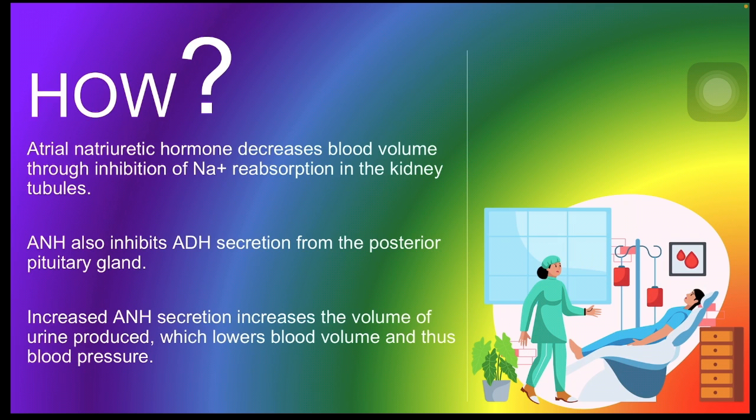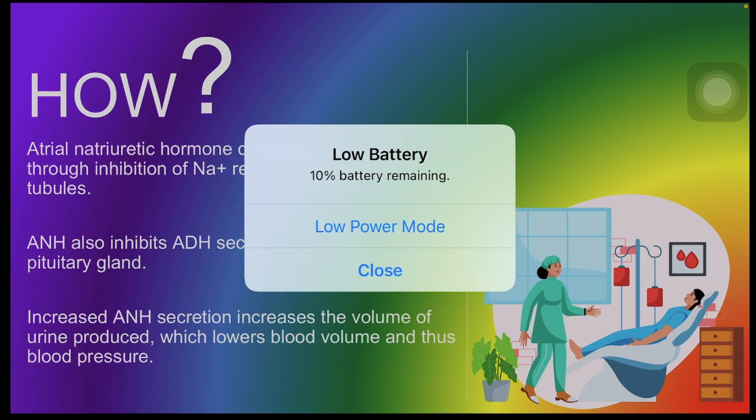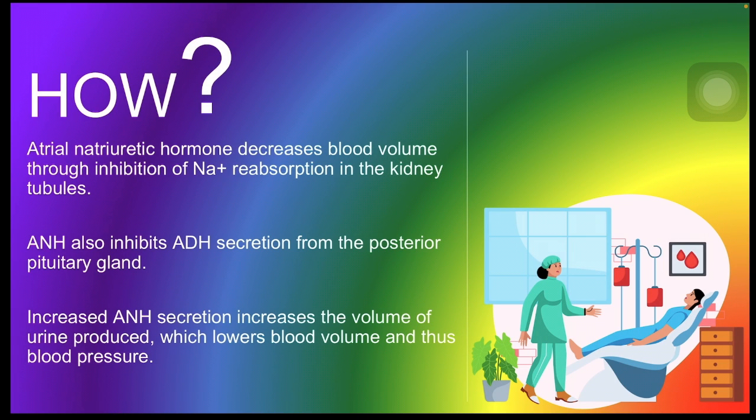How does ANH affect the urinary system? Atrial natriuretic hormone decreases blood volume through inhibition of sodium reabsorption in the kidney tubules. The ANH regulates sodium, which in effect decreases blood volume when it is higher than normal. ANH also inhibits ADH secretion from the posterior pituitary gland.